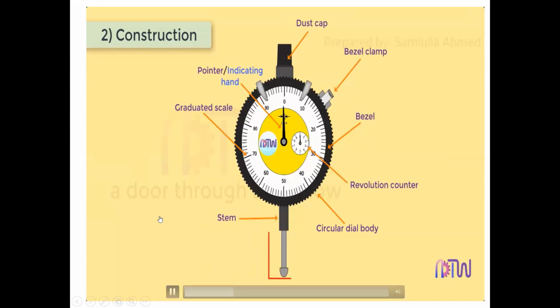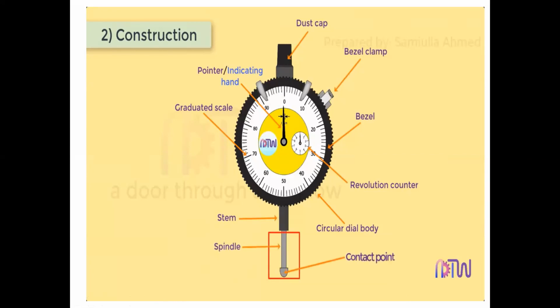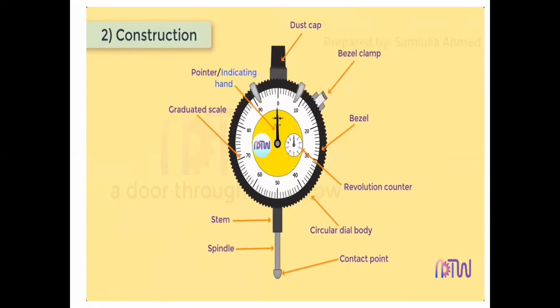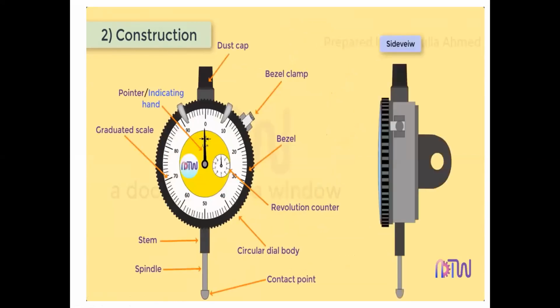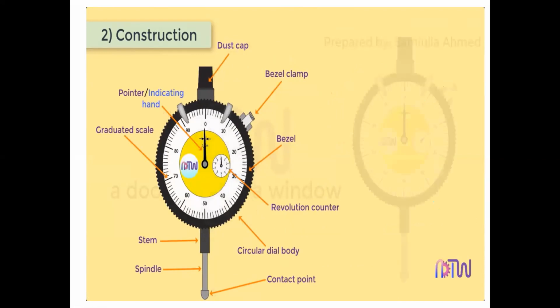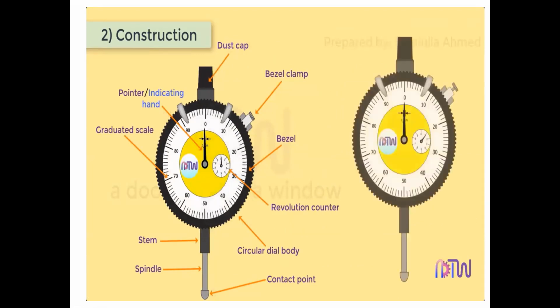Stem, plunger, which is subdivided into spindle and contact point. In the side view, we can see other parts: crystal, back, mounting lug. After opening the body of the dial indicator, we can see internal parts.